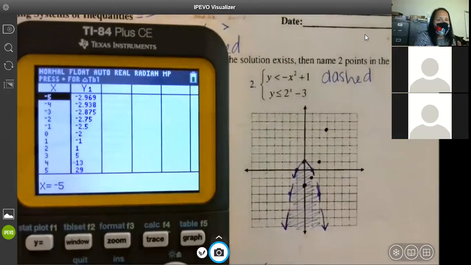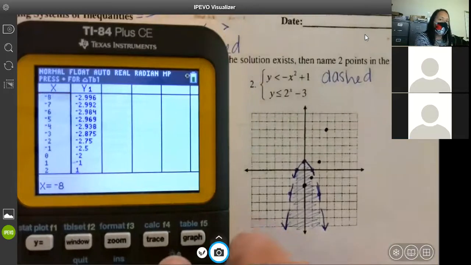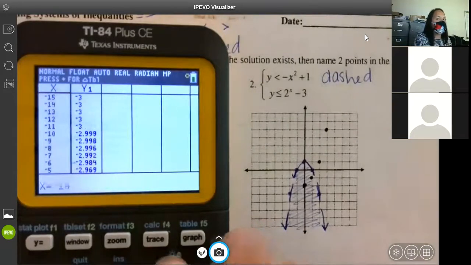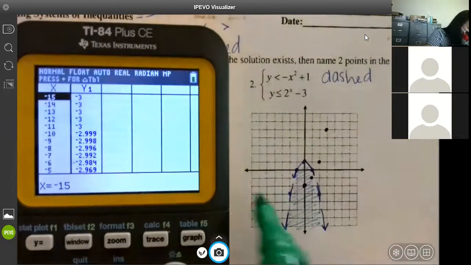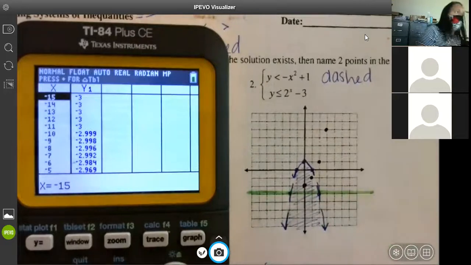I can try to do the -1 and stuff like that, but what are you starting to see? What's happening? What happens there? What's that? They never go past -3. Yeah, what's that called? Boundary point. No, no, close. It is a boundary point.